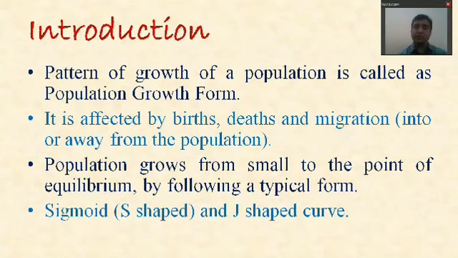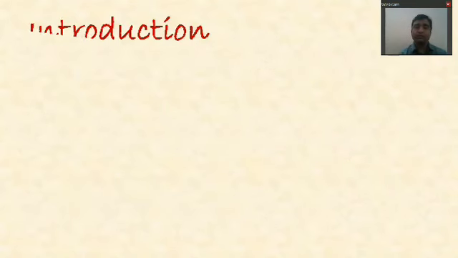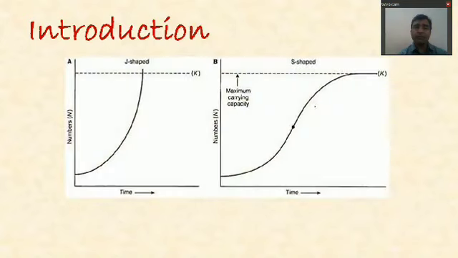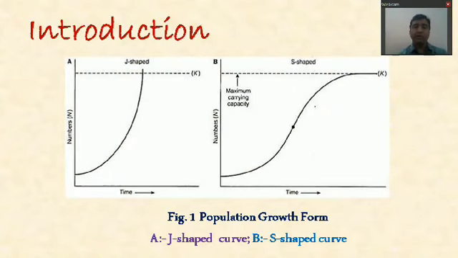These also have different names, or you can say synonyms. So we have two figures. Figure one is A, which is called the J-shaped curve. In both the figures, on the y-axis we have numbers, whereas on the x-axis we have plotted the time.